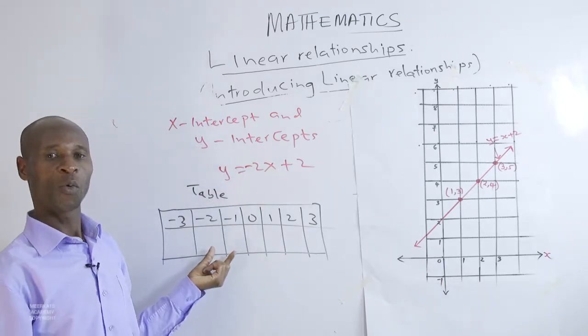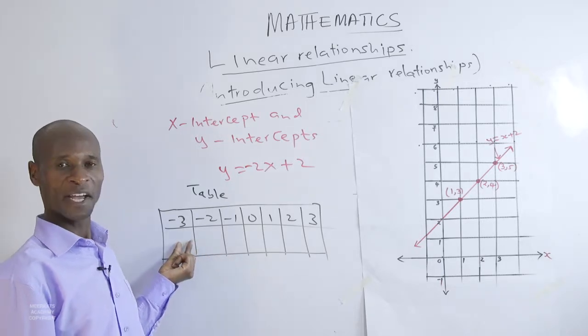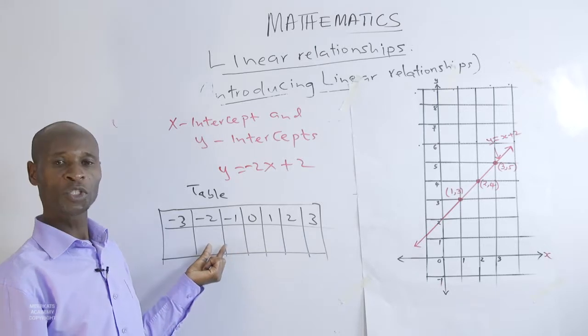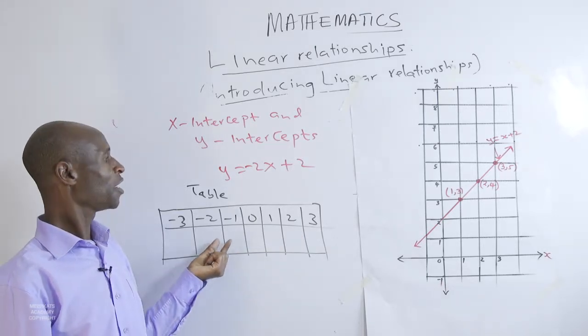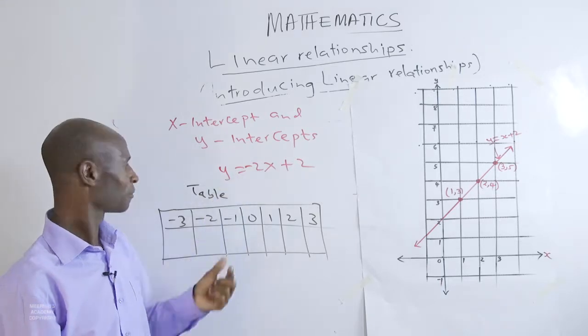In this case, we shall still draw a table of values ranging from -3 to +3 by substituting each value of x in the linear relation as follows.